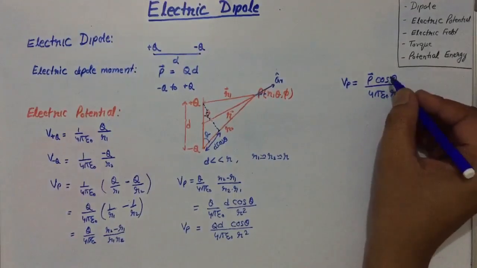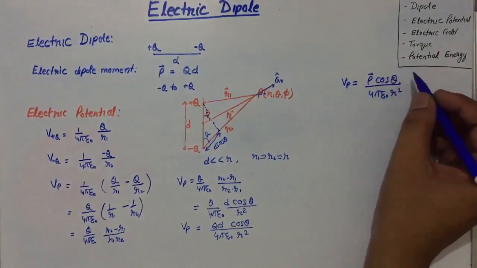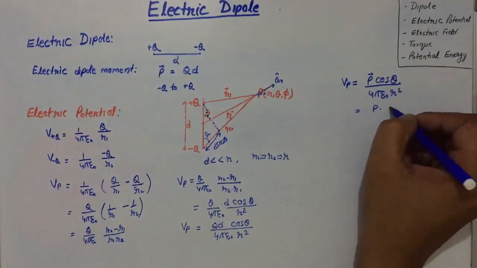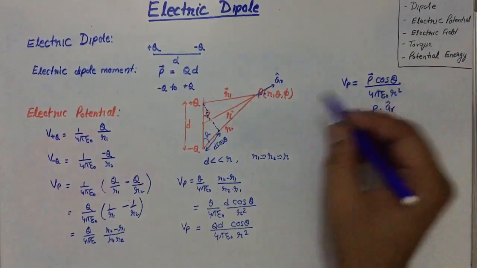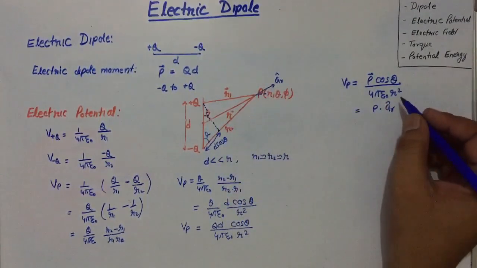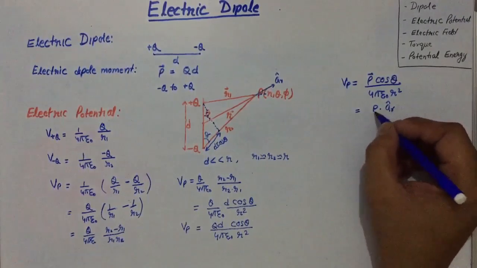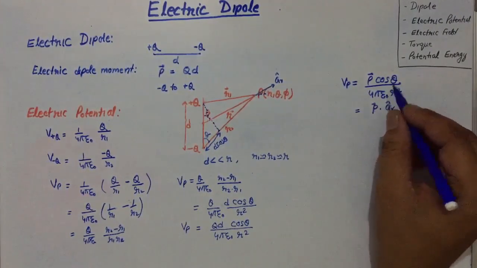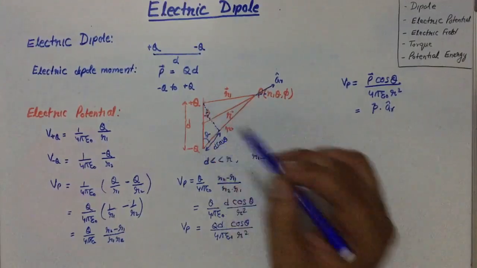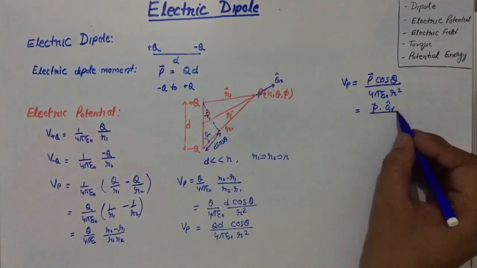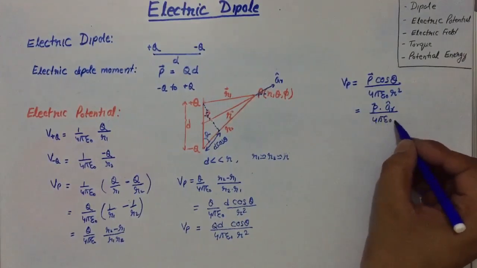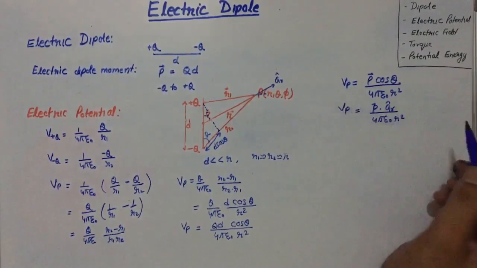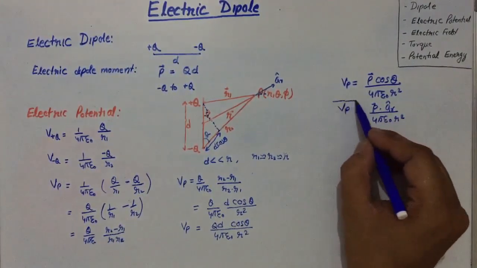And p cos theta can be further written as p dot the unit vector in the direction of the radial position vector. It is p times cos theta, where theta is the angle between the radial vector and p, over 4 pi epsilon naught r square. So this is our final term.